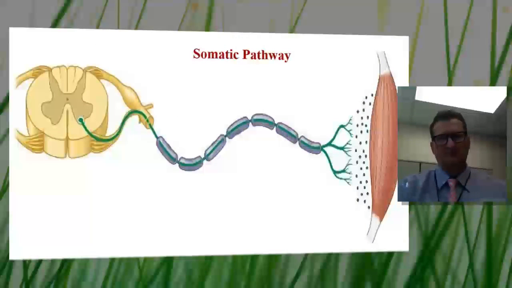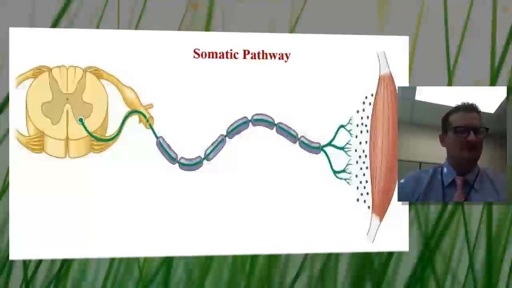So, in the somatic pathway of the peripheral nervous system, the neuron cell bodies lie within the spinal cord. So that's shown here in the gray matter. And note that it's the ventral horn of the spinal cord. A single myelinated axon extends from the brainstem or spinal cord to a skeletal muscle.